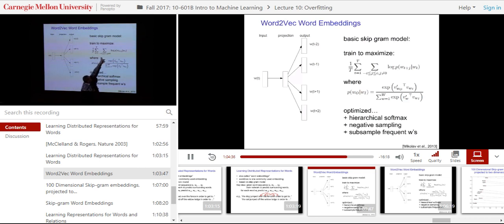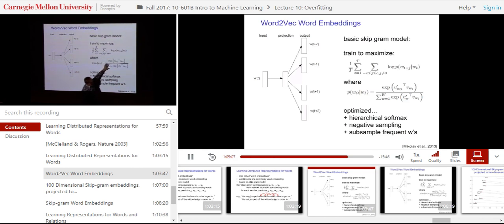And then J can range from -2 to -1 to +1 to +2, or in general from -C to +C. And we'll use the softmax style output, where the probability of the output word given the input word in the network is just the softmax expression, where here we're summing over all the possible words.